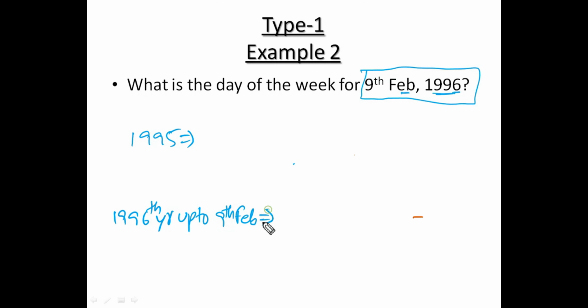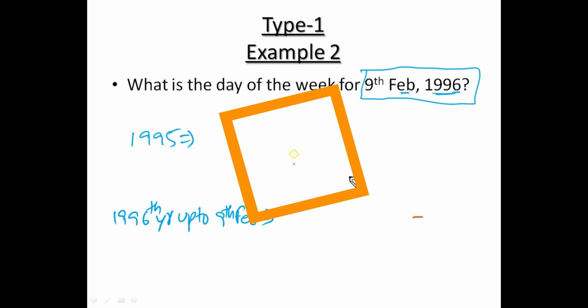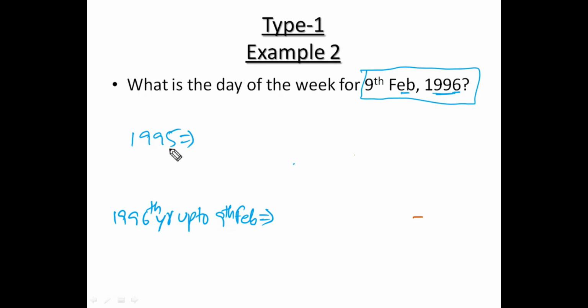Find odd days in 1995. Split it into 1600 plus 300, which is 1900, plus 95 years.